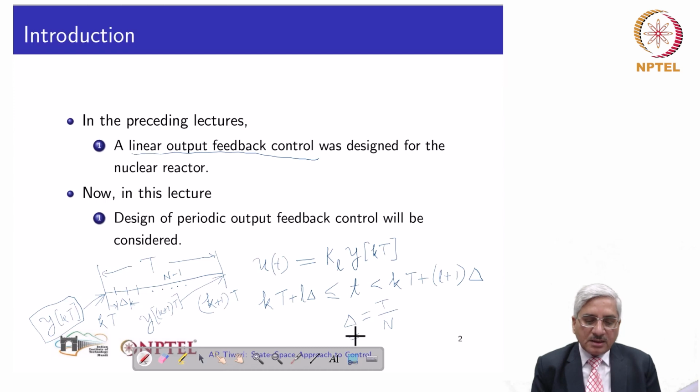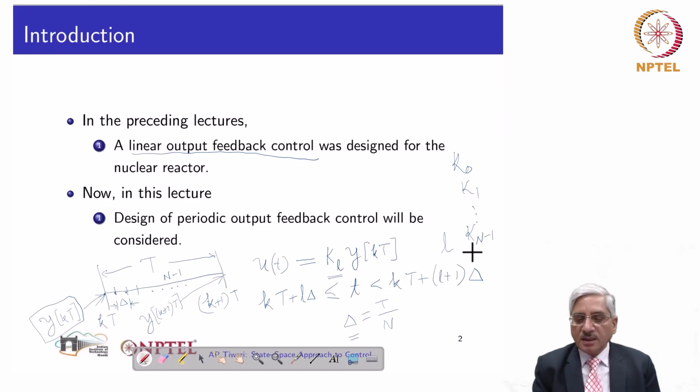And at these instants, at kT, at kT plus delta, at kT plus 2 delta, and so on, the input is updated through the gain K_L. So the gains are K0, K1, etc. up to K_(n minus 1).